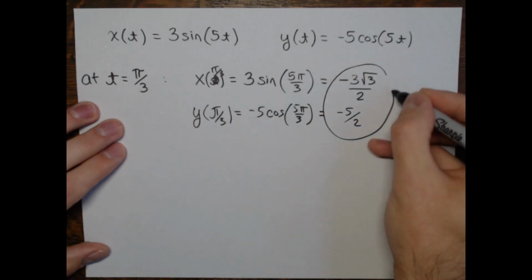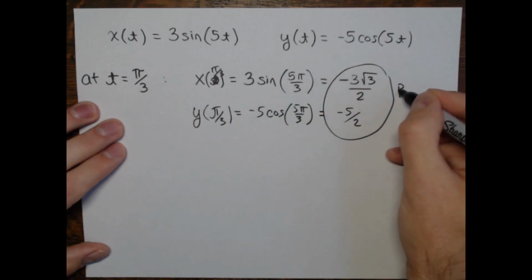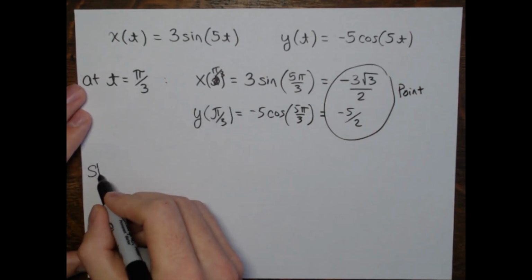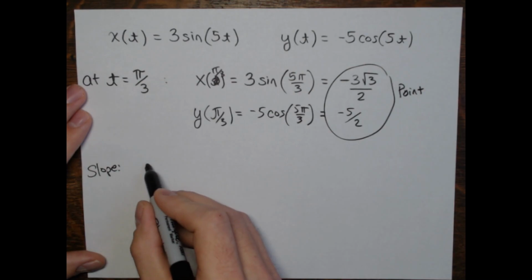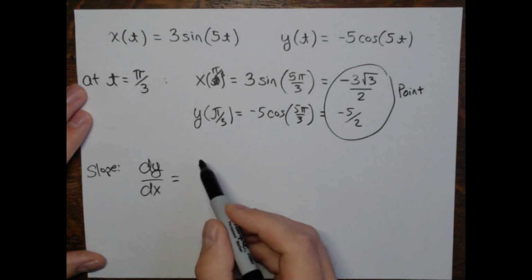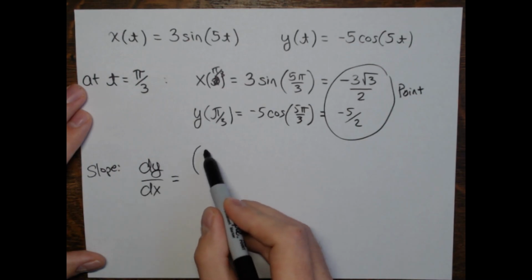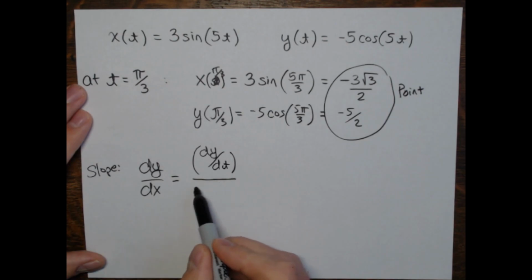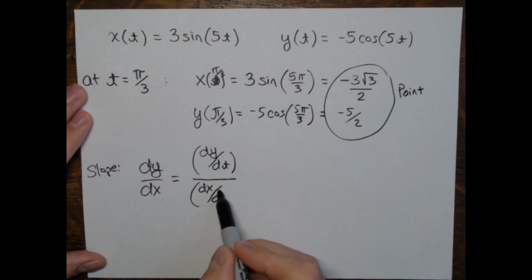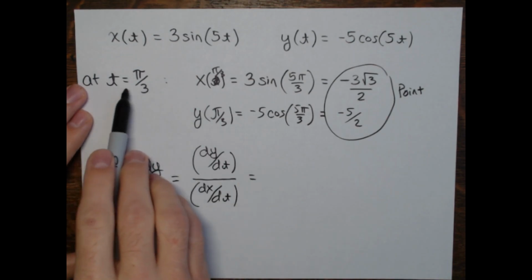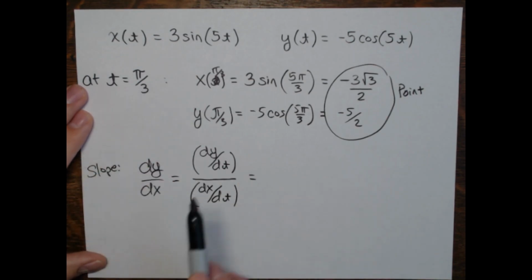Right, so there's our point, the x coordinate and y coordinate of the point on our curve. Now I want the slope for the tangent line. That's the first derivative, dy dx, y prime. So once again, when we have these parametric equations, this is going to be calculated as dy dt over dx dt. And then we'll plug in the value of pi over 3 for t.